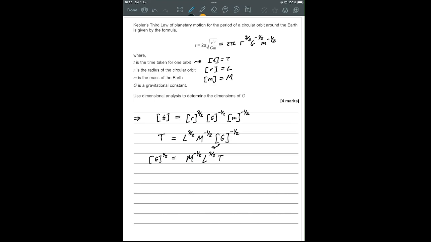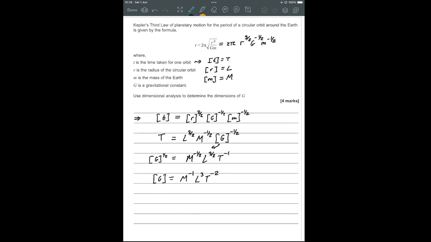And I'm throwing the T back over as well. So finally, if the square root of the units of G is that thing, then the units of G are just the square of that. That is negative 2. So I just doubled the powers.